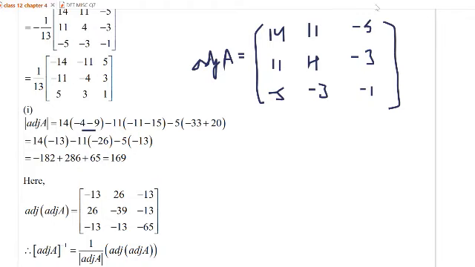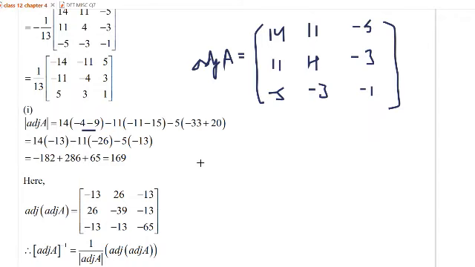Then hiding this 11 by row and column, I'll get minus 11, minus 15. Then hiding this minus 5 by row and column, I'll get minus 33 plus 20. So minus 13, minus 26, minus 13, multiplying 14 by 13, 26 by 11, and 13 by 5, and adding them up, I'll get 169.